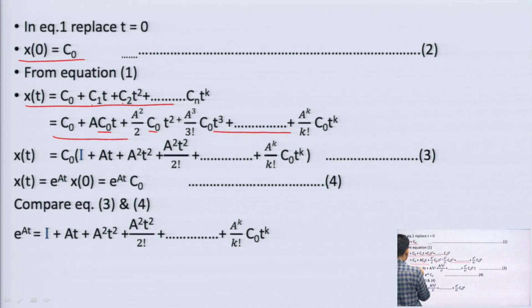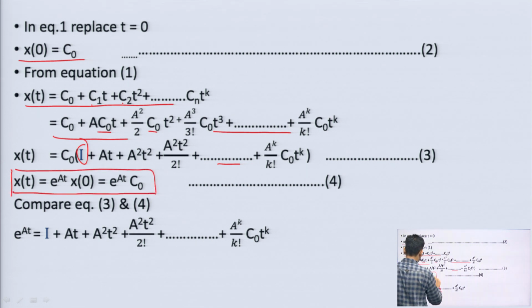If I take c naught common, this A is a matrix, so instead of 1 I will get the identity matrix. If I solve it further, this gives me again e raised to A t times x 0, equal to e raised to A t times c 0. So, we have to use this value in this expression.